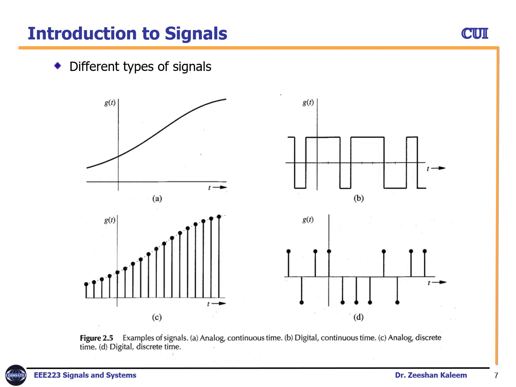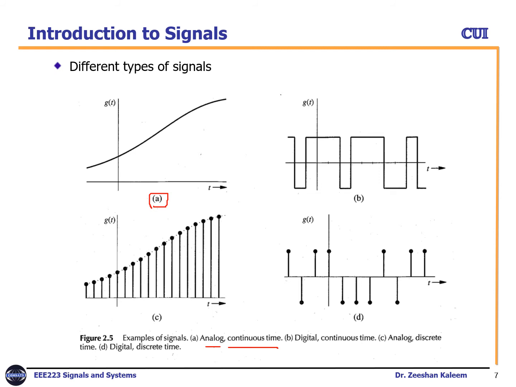So there are different types of signal, as we already discussed. For example, in figure A, it is called analog and continuous time. Why is it analog? In analog, the information is in every time instant.